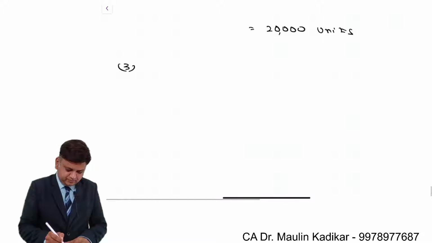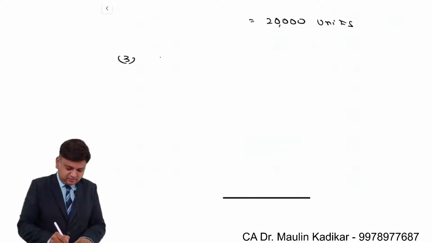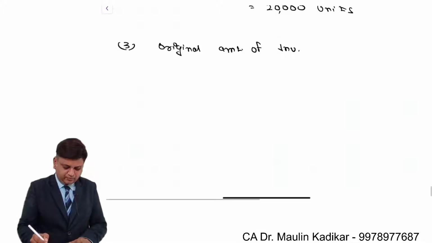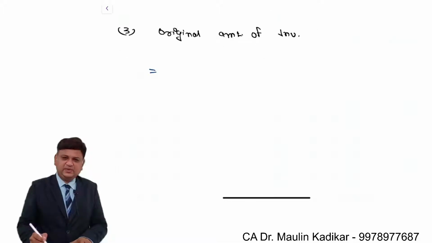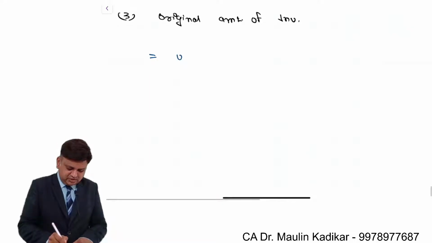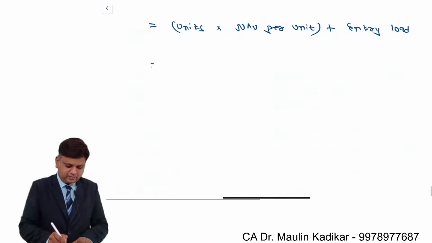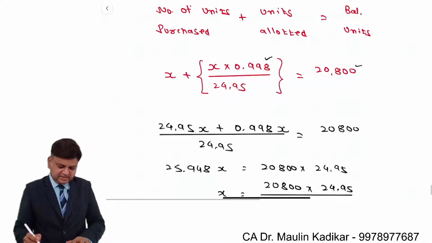Third question, original amount of the investment. Dear students, original amount of the investment can be calculated like this: units into NAV per unit plus entry load. Number of units allotted 20,000 into NAV per unit is 19.96. That is the answer of the first question.